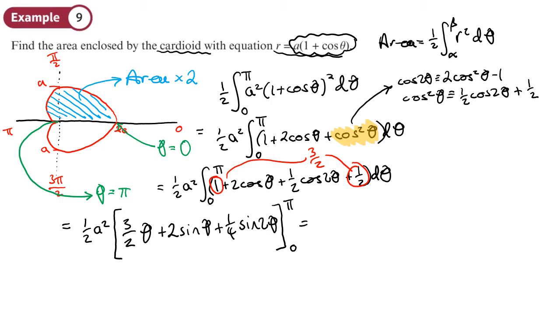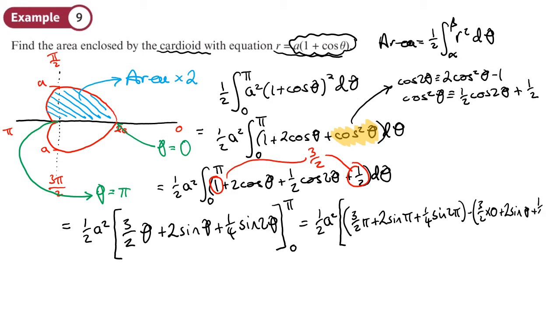So that will be half a squared. The first bracket I will have pi in there, so 3 over 2 pi plus 2 sine pi plus a quarter sine 2 pi, minus, and then 0 in there, so 3 over 2 times 0 plus 2 sine 0 plus a quarter sine 0.